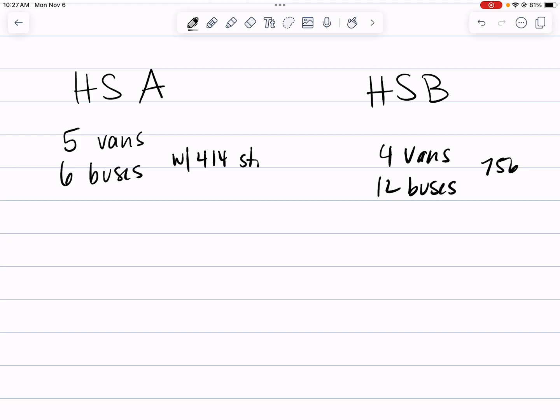The question is, how many people does each van and each bus carry?